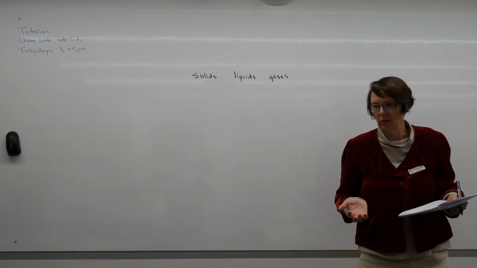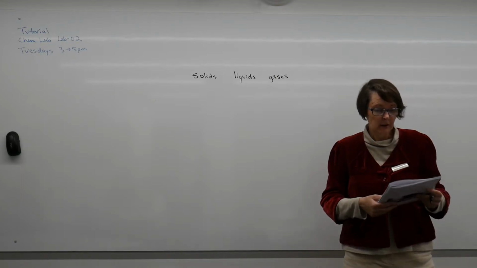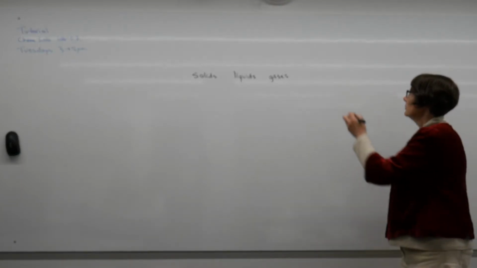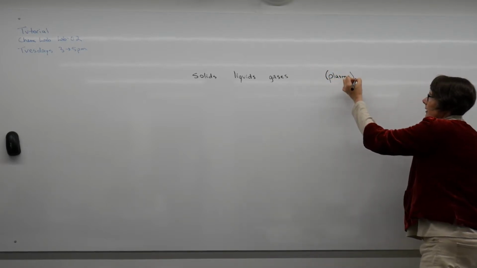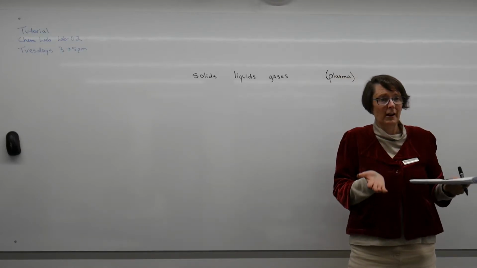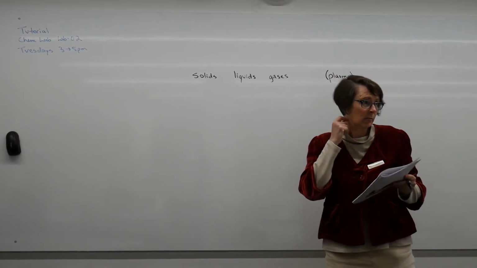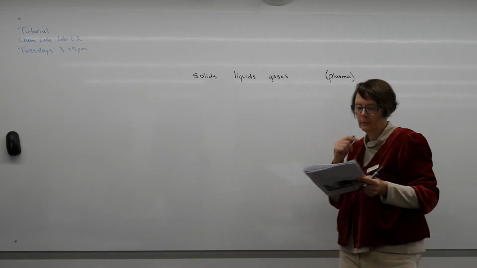That's technically not right. Anyone give me a... Plasma. Yeah, we sort of pretend that plasma doesn't exist. And by and large, in our common everyday experiences, we don't interact with plasma. So that's a reasonable thing to just sort of leave out.